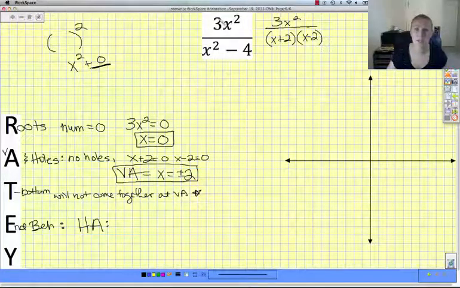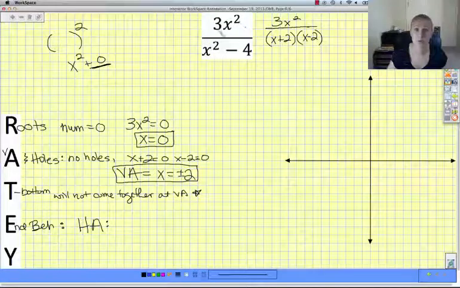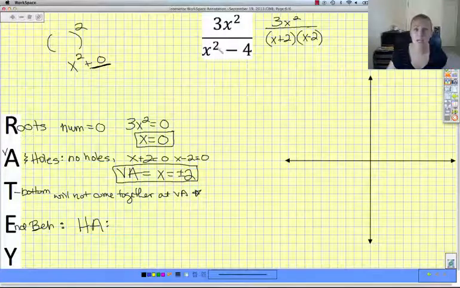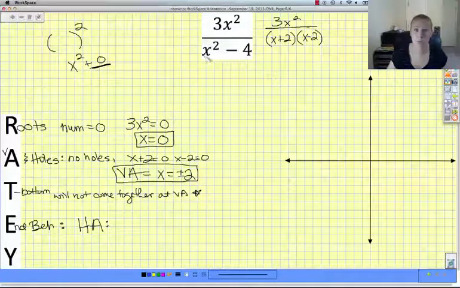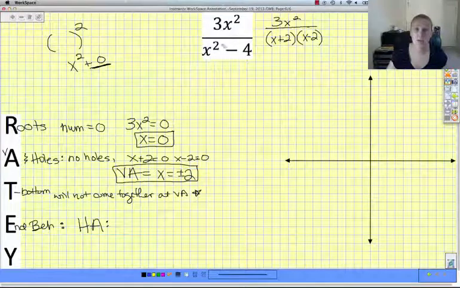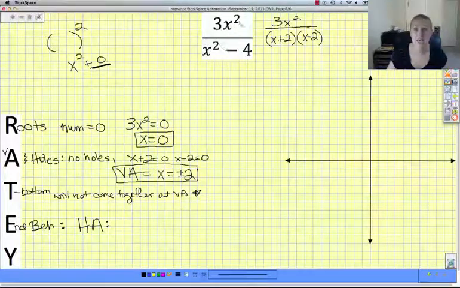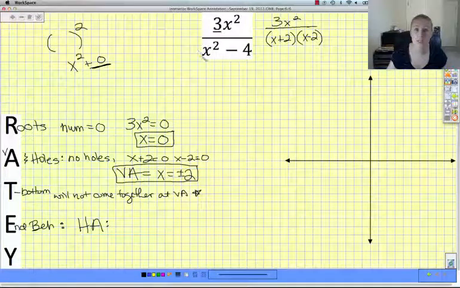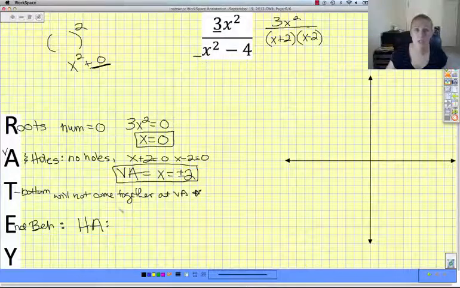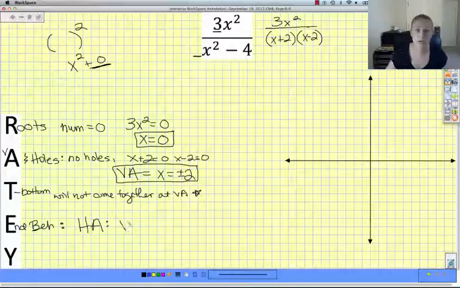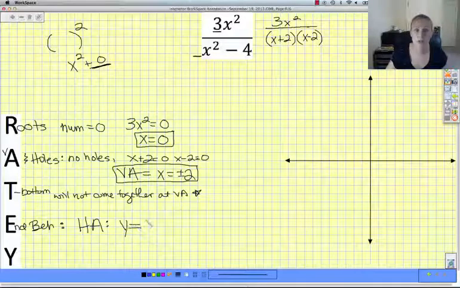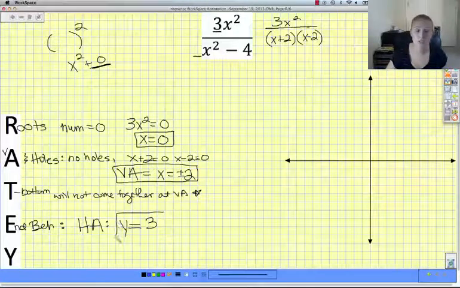So in this case, I have 3x squared, so a degree of 2 on the top, and x squared, which is a degree of 2 on the bottom. Whenever they're balanced, or they're the same on top and bottom, we simply take the leading coefficient over the leading coefficient, which is 3 over 1. So my horizontal asymptote is y equals 3, because 3 over 1 simplifies to 3.